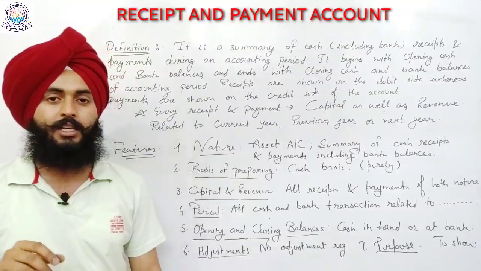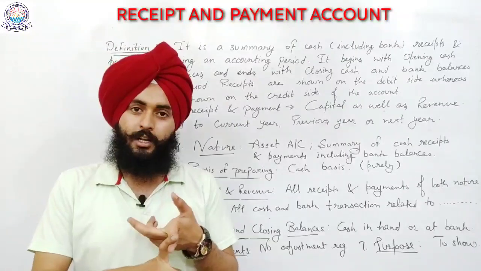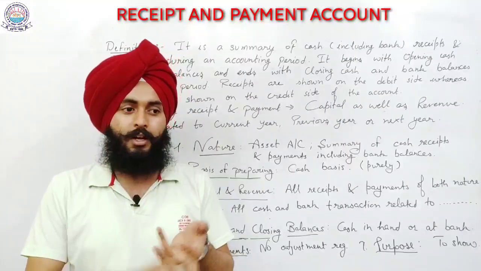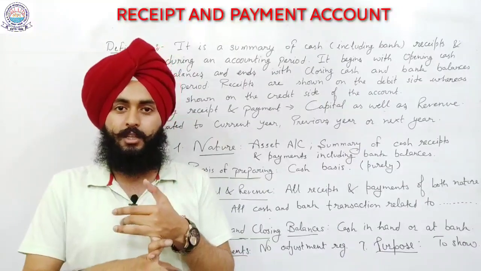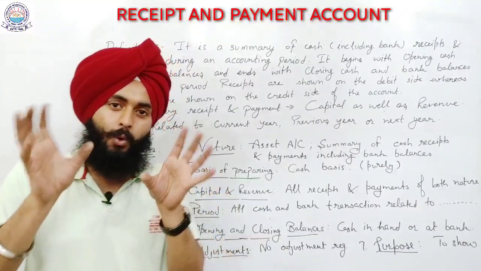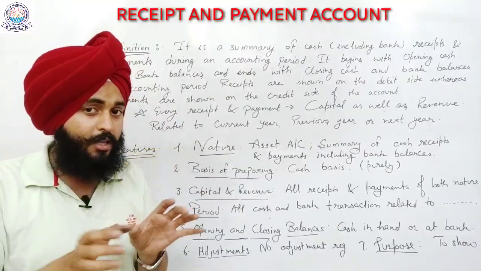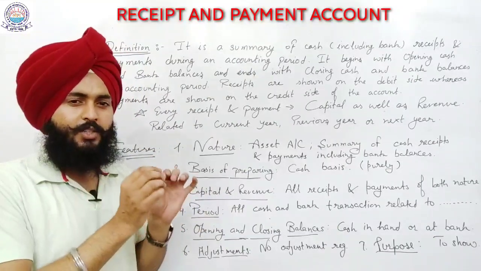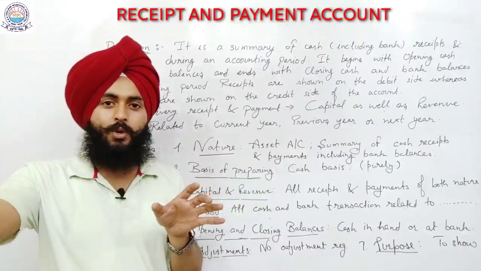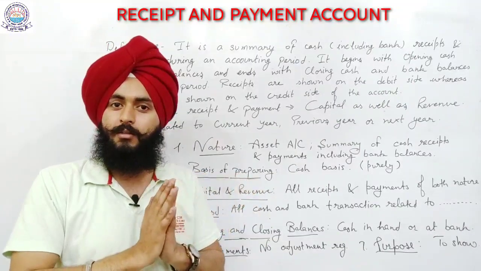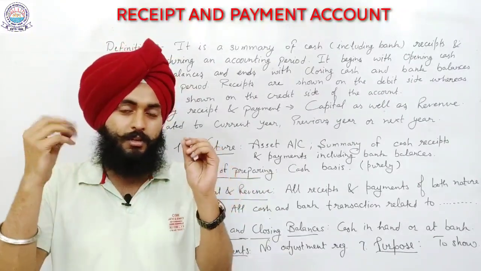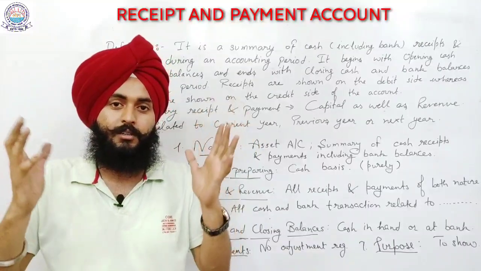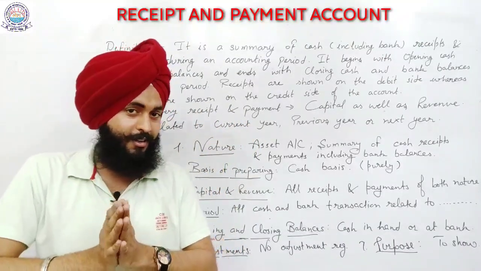What kind of adjustment was there? Related to outstanding, related to prepaid, related to depreciation and so many other things. So those kinds of things are not in the receipt and payment account. It is very simple. Just उठा के एंट्री डालनी है. Nothing to discuss so much. Okay, there is no burden.